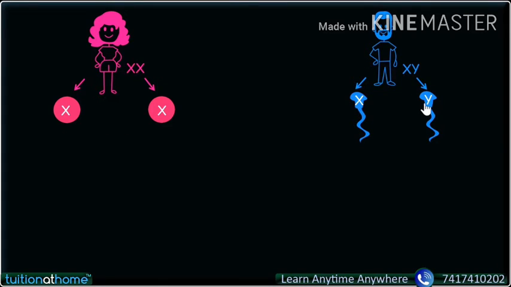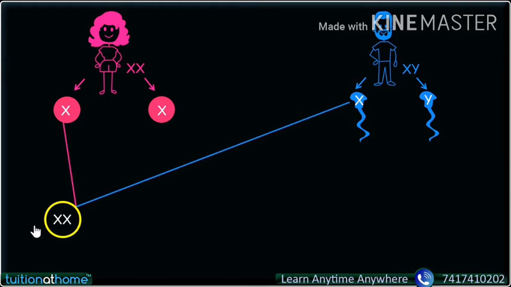Now let's see the fusion of these gametes. When these gametes are fused, which type of genotype will be produced? This we want to see. So let us take the first X of the mother and the X of the father.